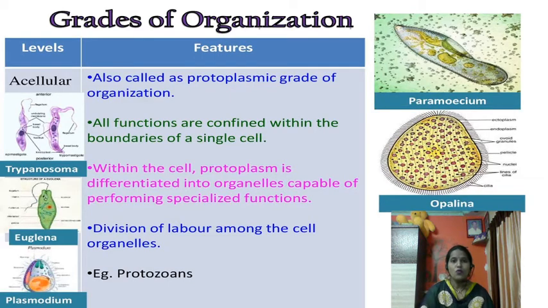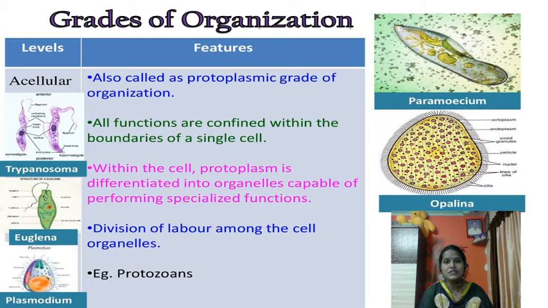Now children will learn about grades of organization. In the animal kingdom, the protozoans are called acellular organisms. That means they have a cellular type of grade of organization. These acellular organisms are also called the protoplasmic grade of organization.